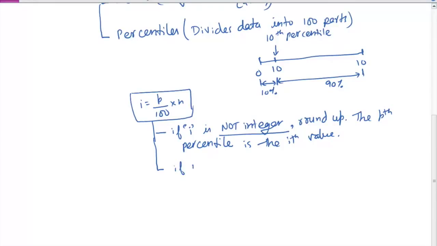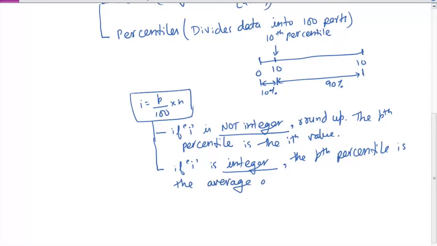Or i can be an integer. If it is an integer, the pth percentile is the average of the ith and (i plus 1)th value.